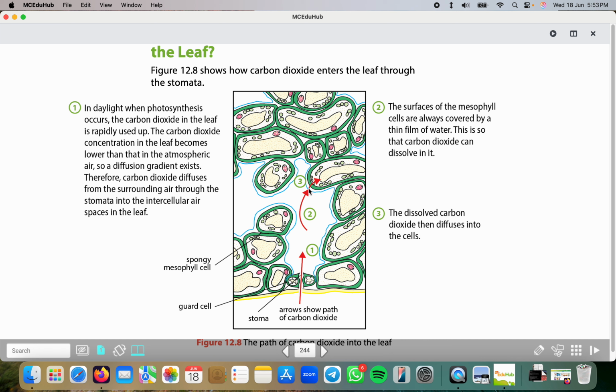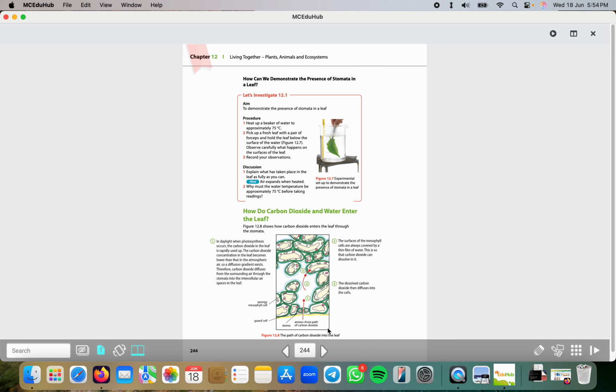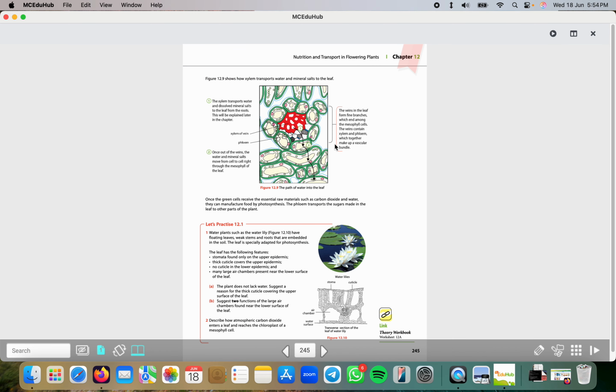This thin film of water, that's represented in blue, will allow the carbon dioxide to dissolve into it. Once it has dissolved into the water, it can then diffuse into the cell, and then the cell can use it for photosynthesis. So the words together will be, carbon dioxide will dissolve and diffuse into the cell. Okay, so relatively simple concept to understand.